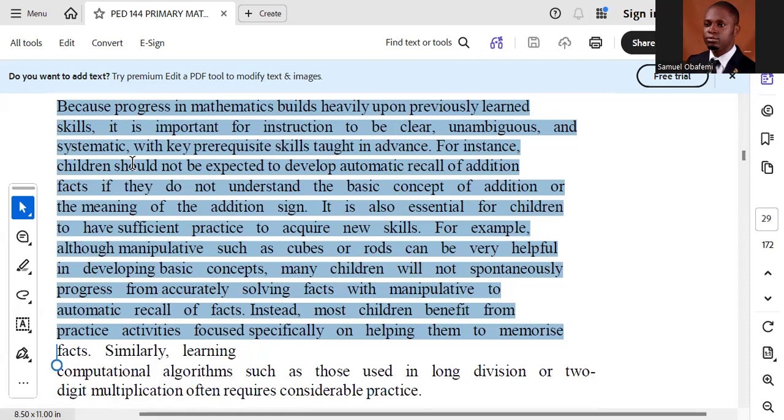From the course material, it's written here that pupils should not be expected to memorize addition facts when they do not yet understand what addition or the addition sign means. So, understanding first, then you practice, then you memorize. That is how it should work. It should not be memorizing first, then you hope that they will understand it later.